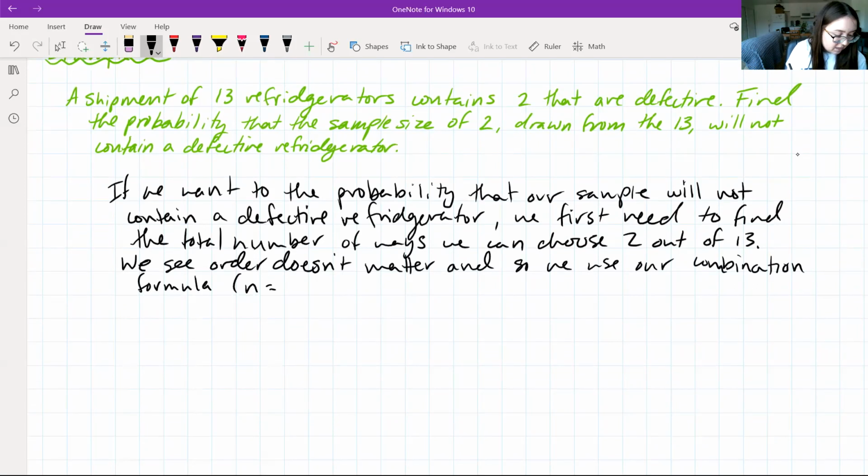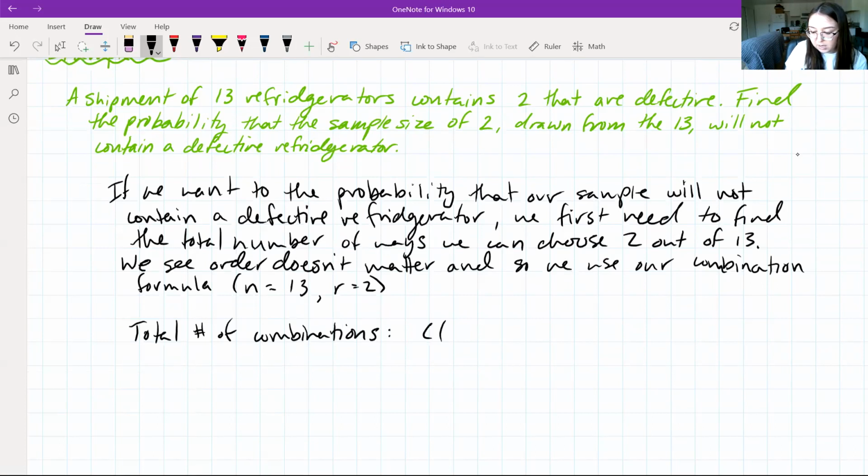Then we see that n is going to be equal to 13, and r is equal to 2. So we find our total number of combinations.